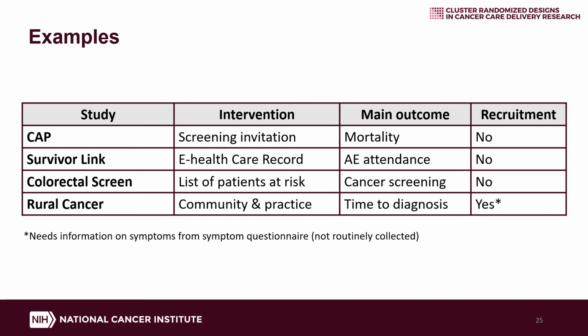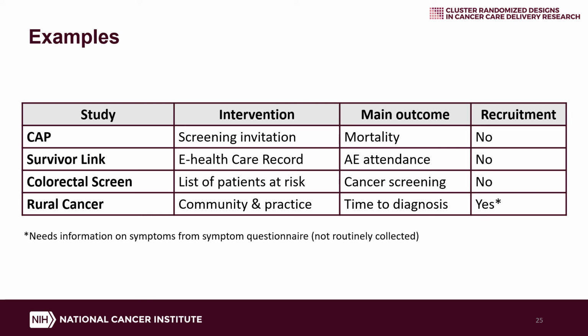For the colorectal screen study, the intervention was a list of patients at risk provided to the healthcare professional. The main outcome was whether or not that patient participated in their cancer screen invitation, and again, reliance on routinely collected outcome, no direct participant recruitment.